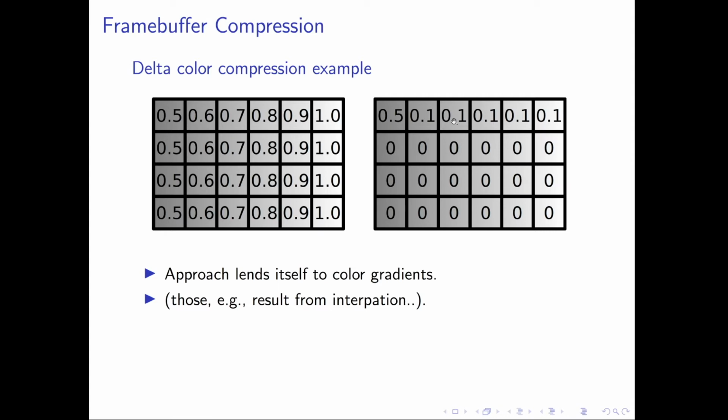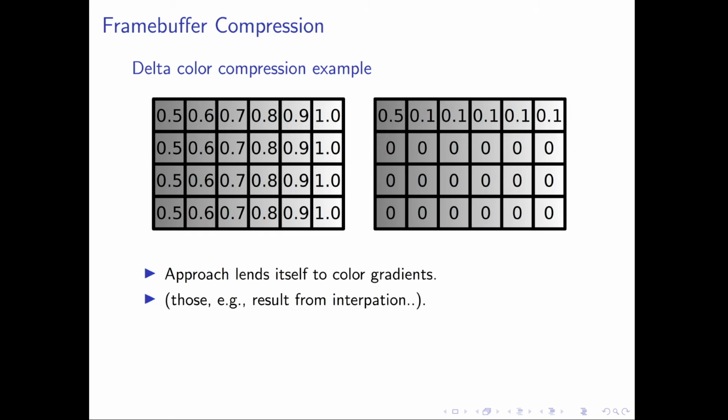And I could even run-length encode that if I wanted to. In the columns there are no differences, and so I can represent them with zeros. So the compression that I see here is actually quite high, and you can see from that example that delta compression is most effective when it is applied to color gradients.